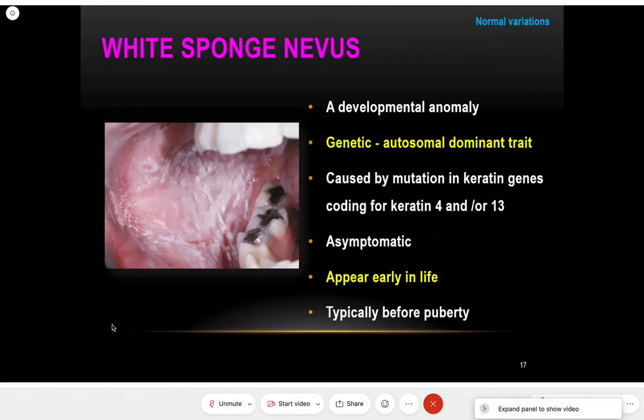If it can be rubbed off, what is it? If it cannot be rubbed off, what is it? You have to keep these two ways in mind because some lesions can be wiped off or rubbed off, but some cannot. But it is not 100% diagnostic, just a rough discrimination.